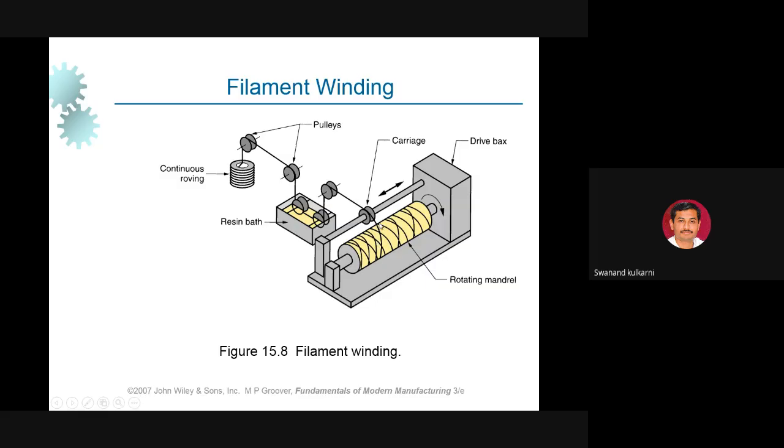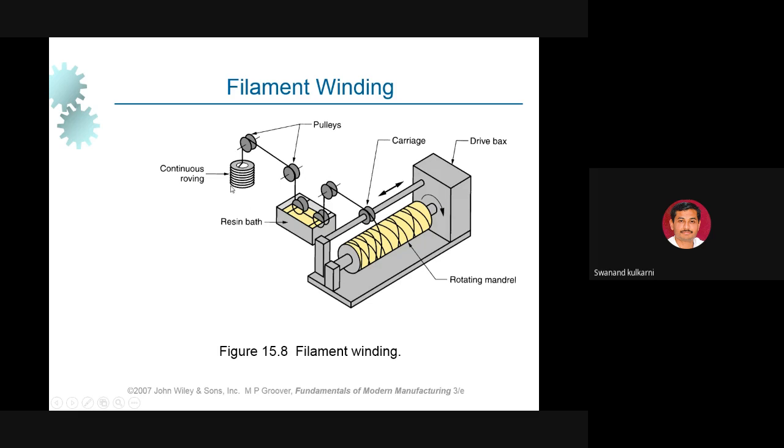So here you can see the drive box is present, then the carriage is present here, then these pulleys are present, and this resin bath is present. So in the filament winding process, how is this happening? Continuous roving, these two pulleys.